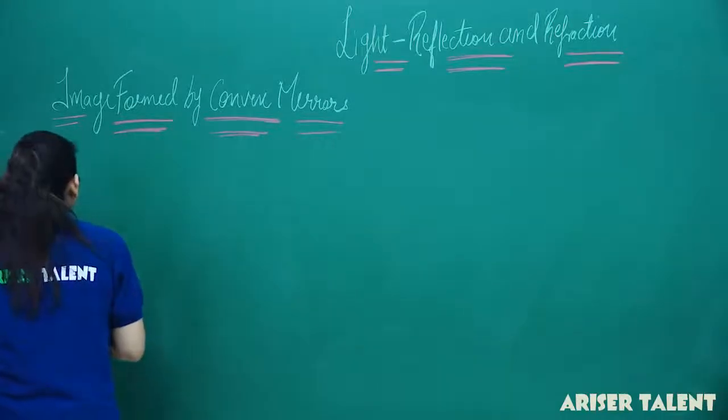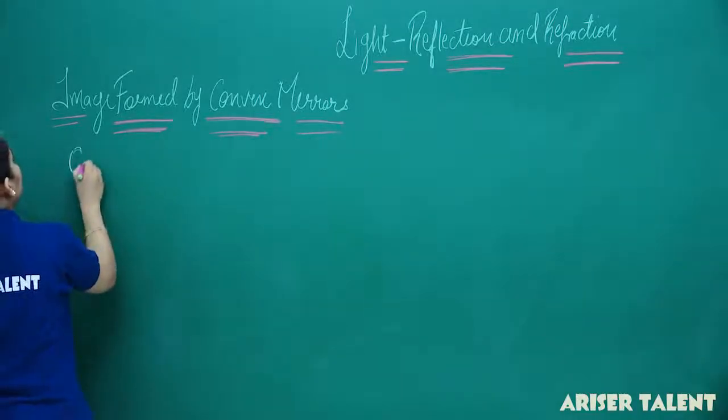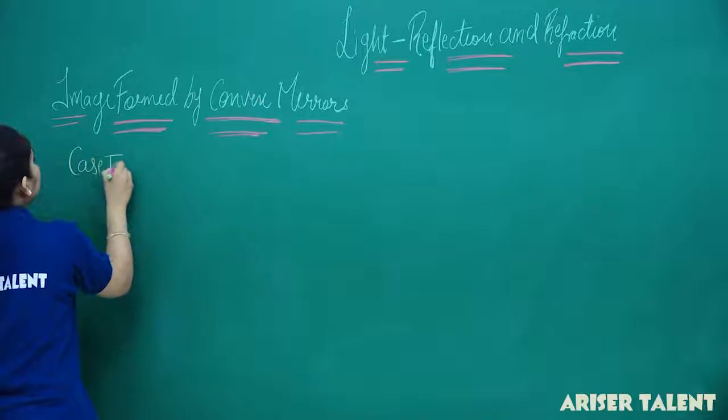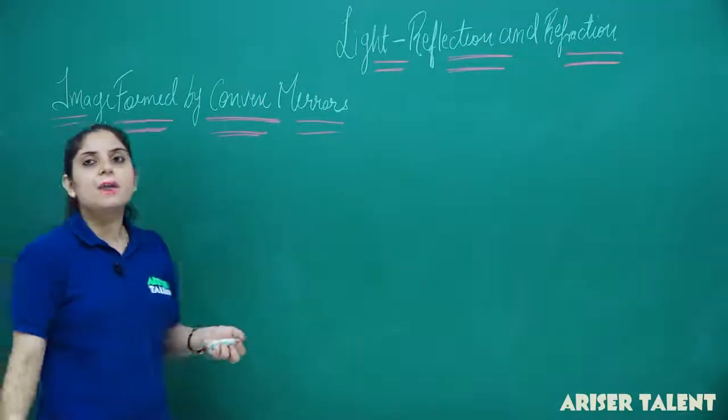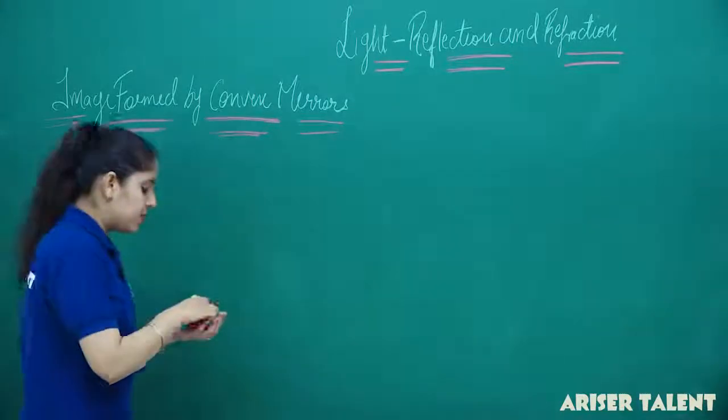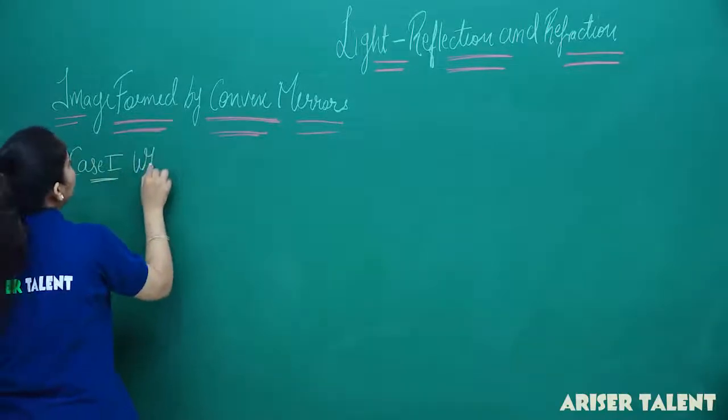Now, again we have case number 1 in case of the convex mirror, and case number 1 is when a ray is coming parallel to the principal axis. So, what is happening in case number 1?